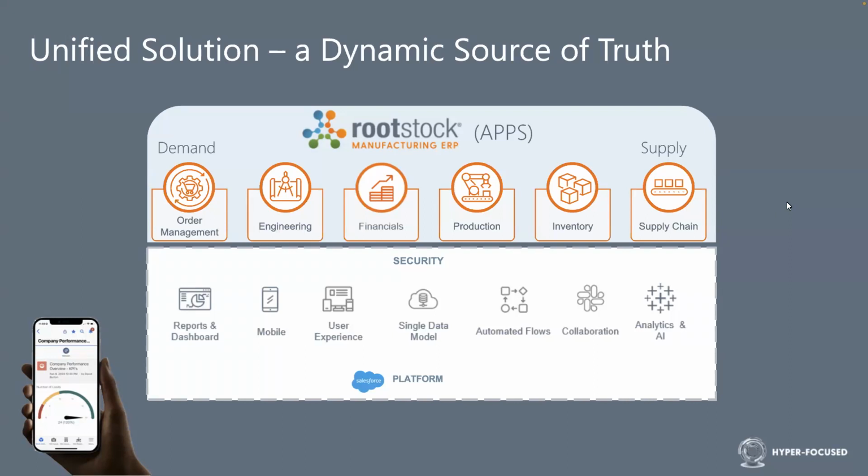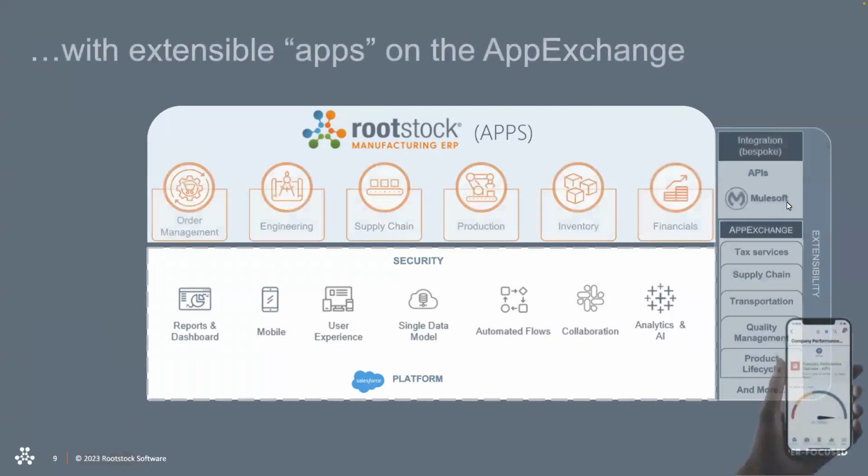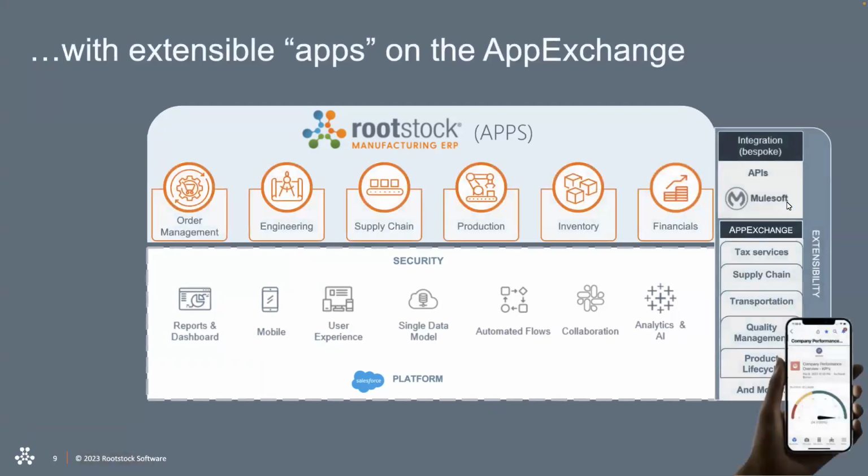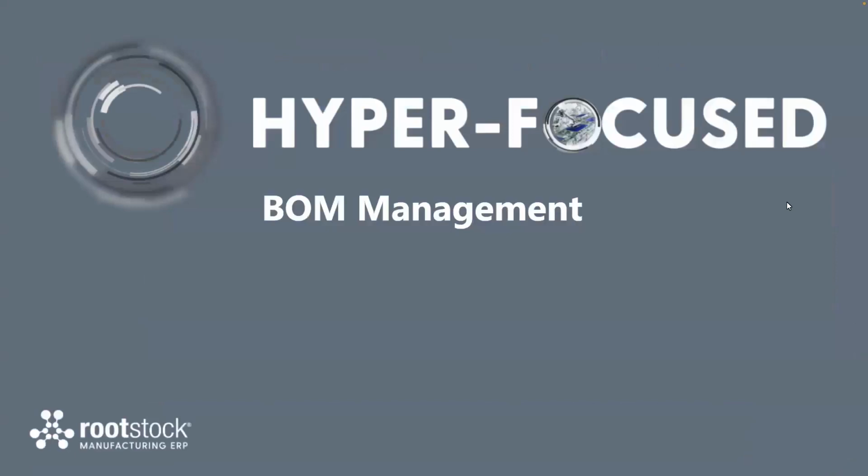And then top it off with being on the platform, you've got the largest app exchange library out there, not only with Salesforce CRM expansions, but also with ERP. So if you want a specific PLM application, pull that right in. Or if it's additional quality control that you want, just pull that in as well. So that's a little bit on the platform.